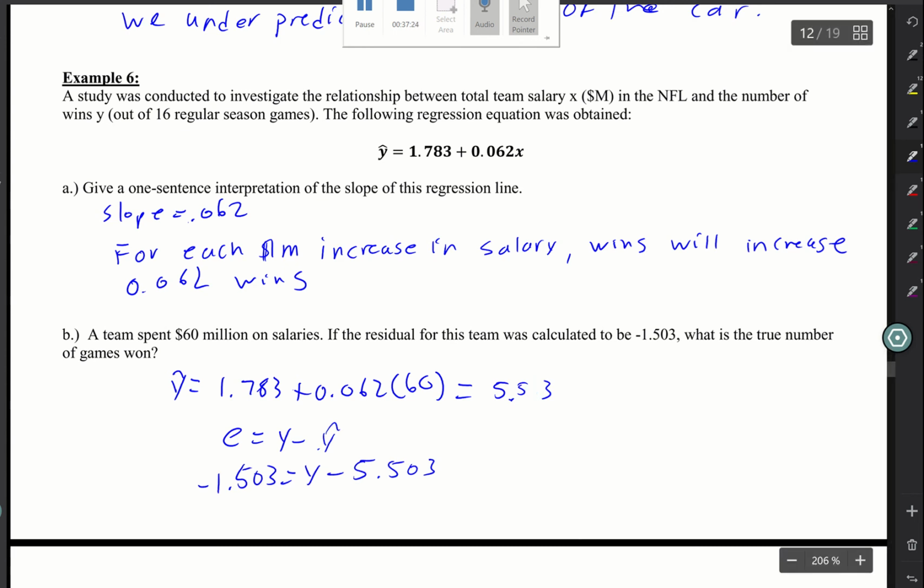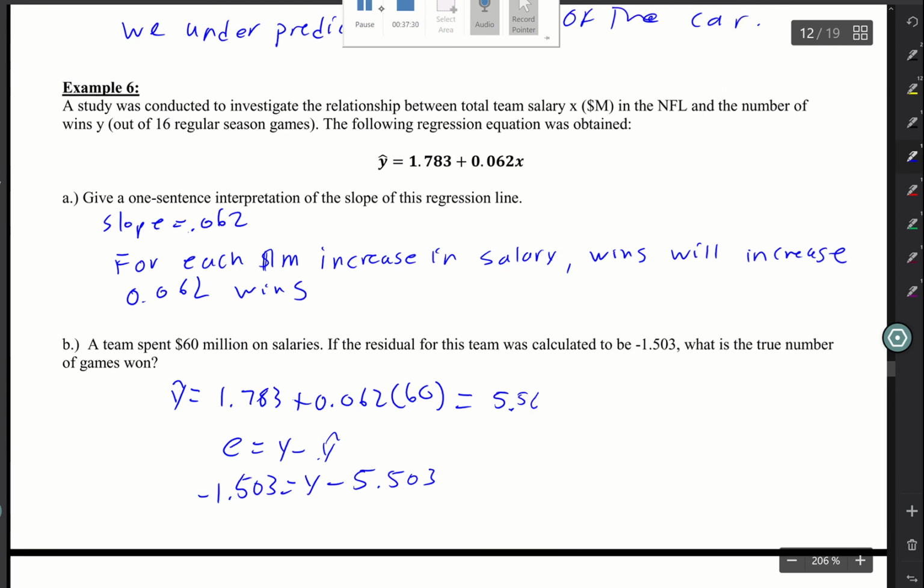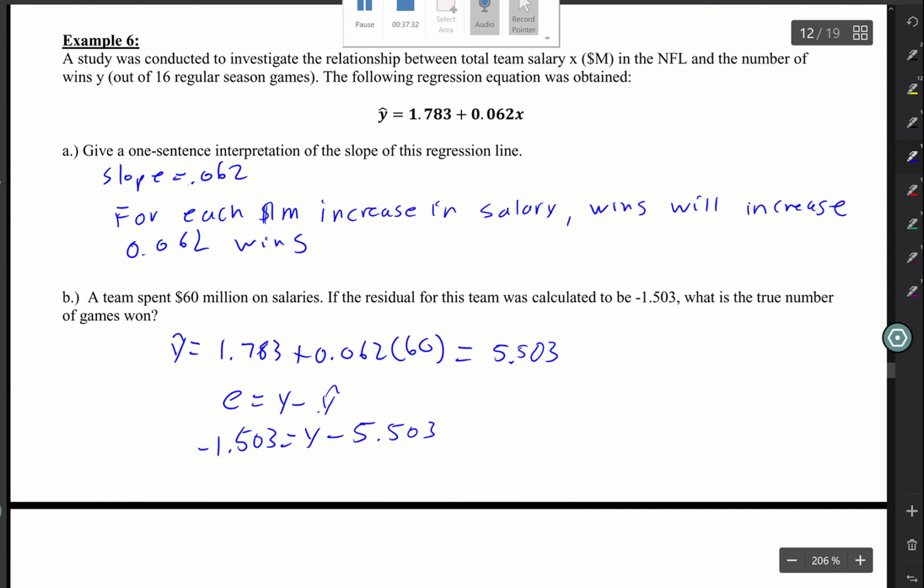Okay. 5, 6. 0? Well, because my 0 looks like a 6. All right, so then if we move that 5 to the other side, how many games did they win? So y equals 4.06, or basically 4 games.